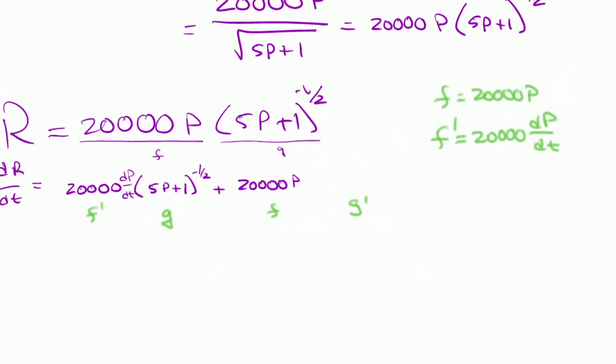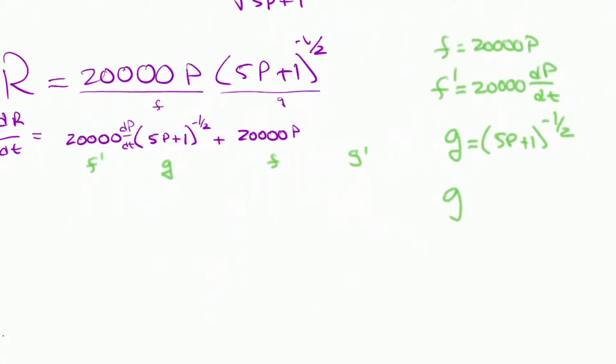Thank you. So over here, I'll just put the sketch. I'm probably not going to have room now. That's okay. And then G is going to be this thing. And then G prime is negative 1/2 times 5p plus 1 to the negative 3/2 times 5 dp over dt. So it's all scrunched there.